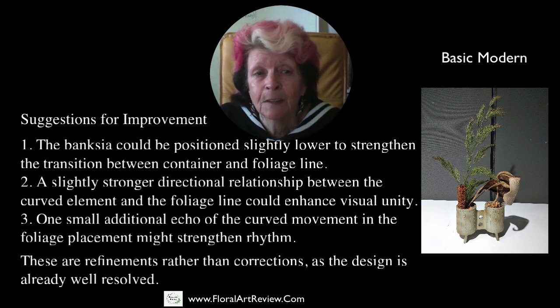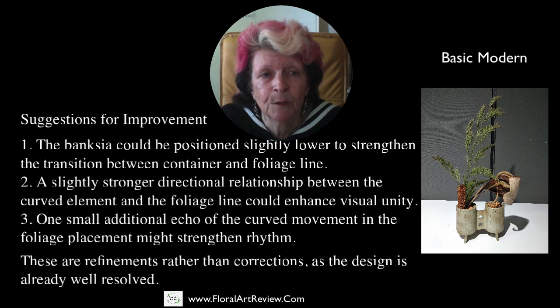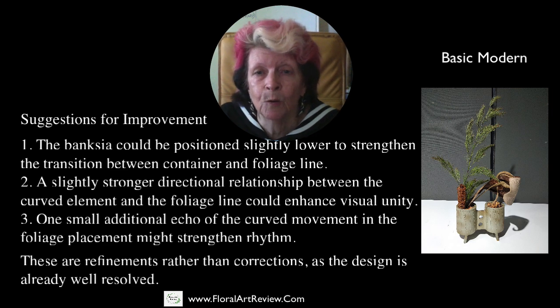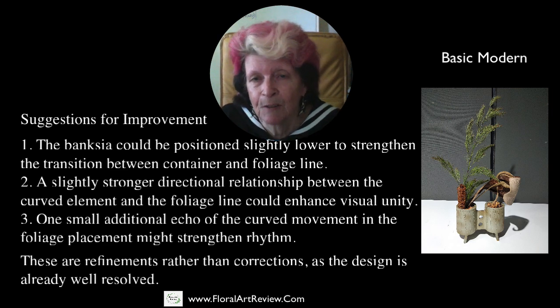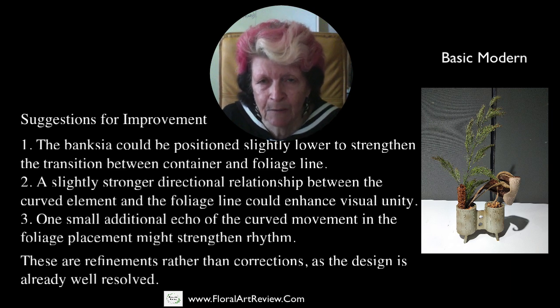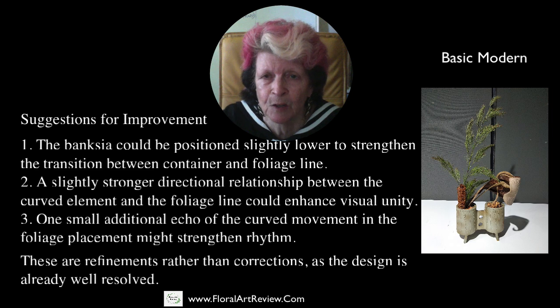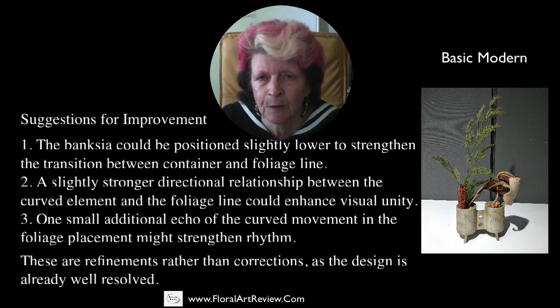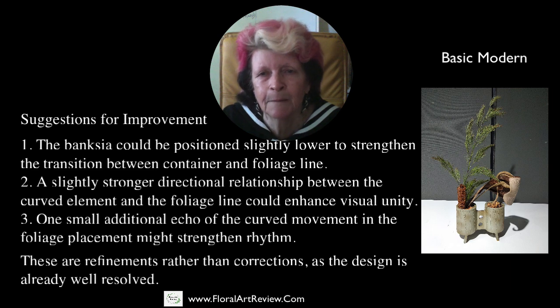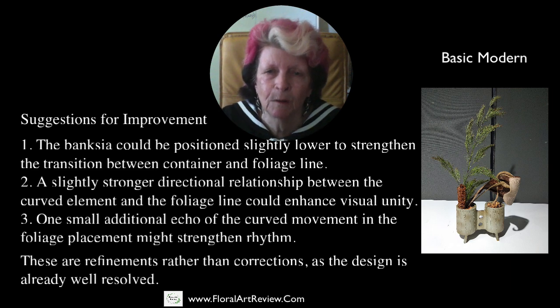Number two, a slightly stronger directional relationship between the curved element and the foliage line could enhance visual unity. Now this is where I could have changed it so that I was using just the one container and taken away the palm spathe, because it's going to be too heavy if it's closer to the foliage, and just use the strelitzia leaf, which if you enlarge the photo you can see inside of the palm spathe, and have that spiral or curled around it.